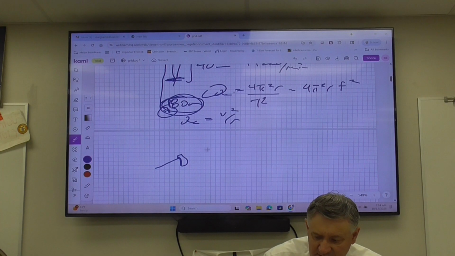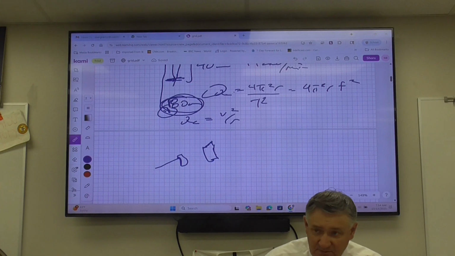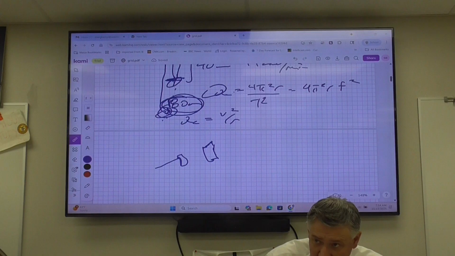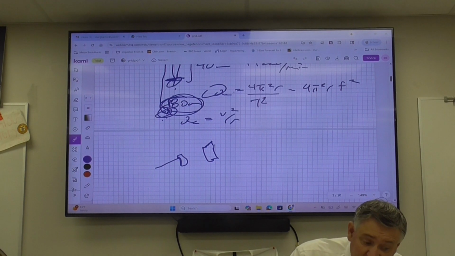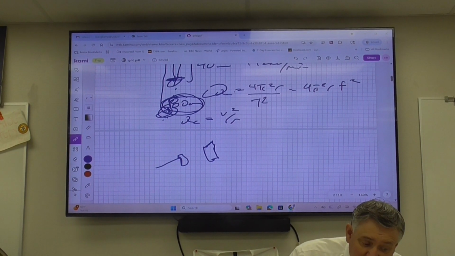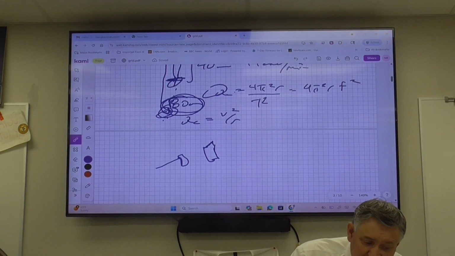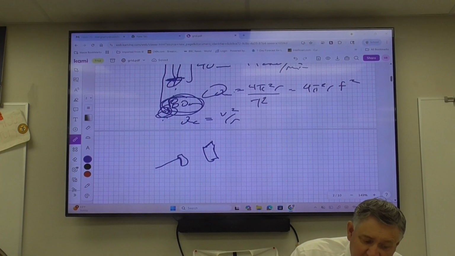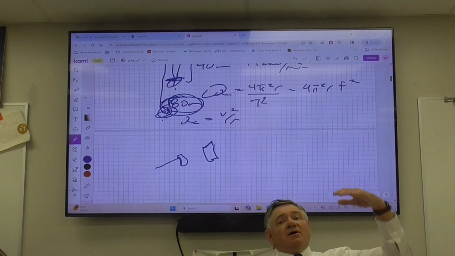Here's the car on the inside, here's the car that's out here on the outside. Basically this radius is going to be much longer. If you want these 2 points to be moving at the same rate, and that's the whole key to this, it says the speed of the tip is to be the same as that of the turbine on land.